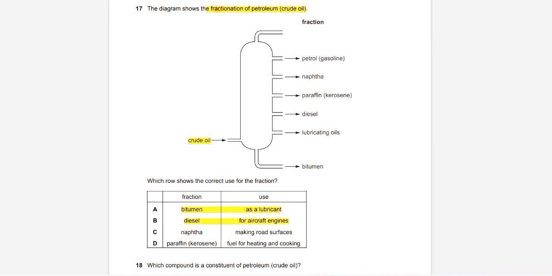No, naphtha is not used for making road surfaces. Then paraffin or kerosene, which is called mitti ka tel, is used for heating and cooking. Yes, this is the correct option.